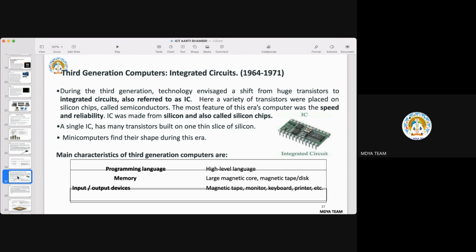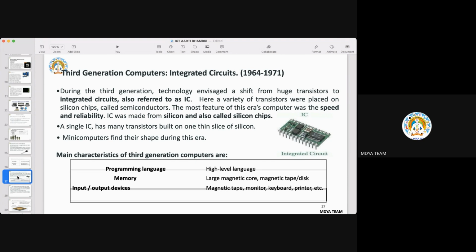That is called the integrated circuit: integration of many switching devices, transistors and diodes, in a single small chip. We call it a silicon chip, made of semiconductors. The main feature of this era's computers was speed and reliability.